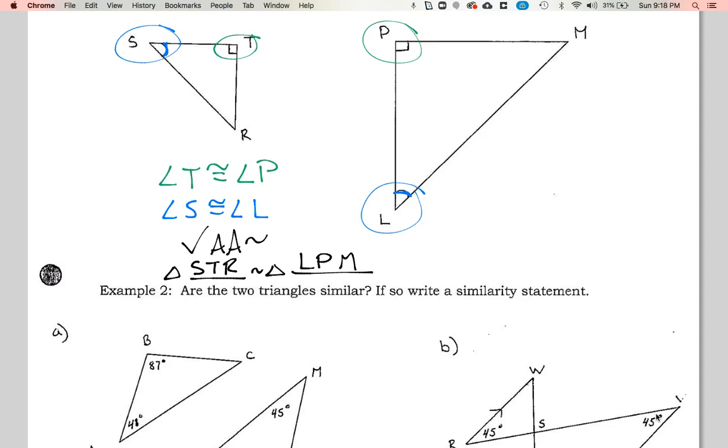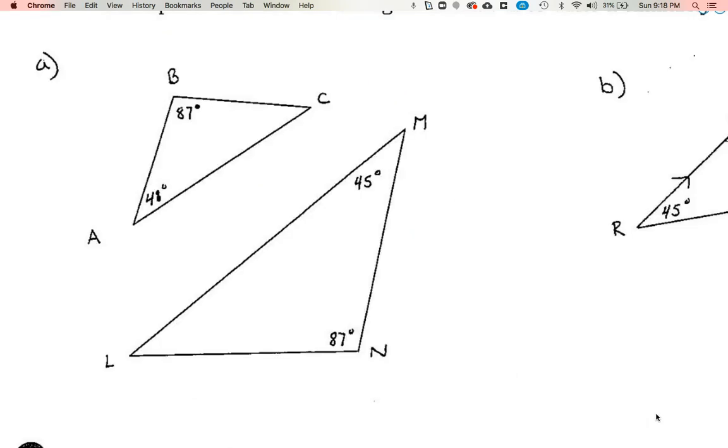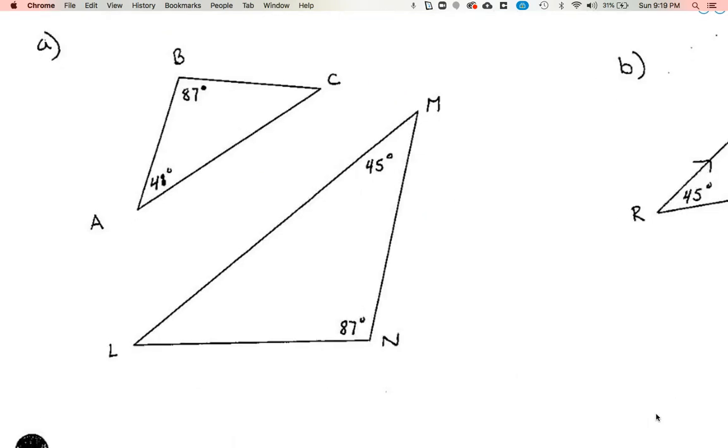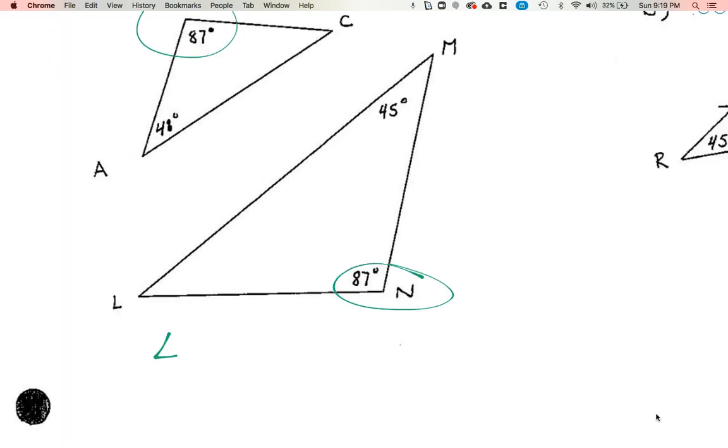So it could be straightforward like that, no math involved, or sometimes you do have to do a little bit of math. And when I say a little bit of math, I mean a little bit of math, like subtraction, and that's it. Right now we have B and N, they're both 87. So that's one angle.